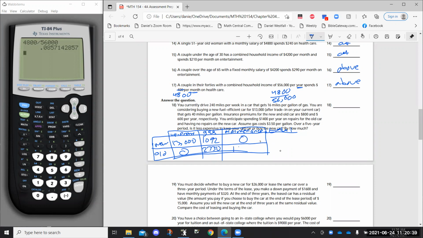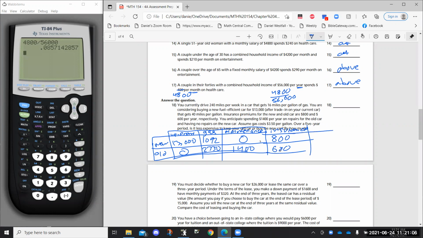I expect to spend $1,400 a year on maintenance on the old one. And insurance costs are the other thing that I forgot to write down. That's an important expense to keep track of. Insurance on the new car is more expensive because it's worth more, so it's $800 a year. And on the old car, it's only $600 a year.